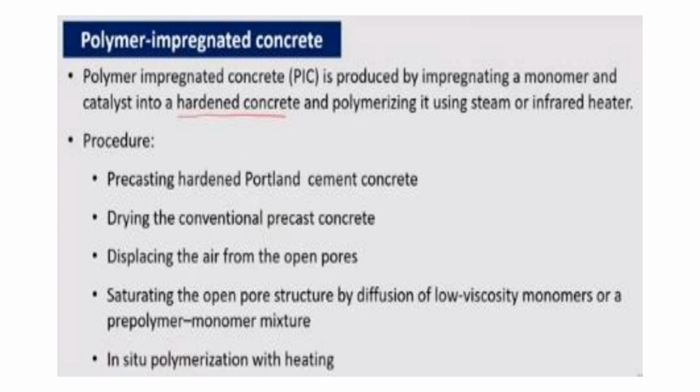Let us see what PIC is. It is basically produced by impregnating a monomer and a catalyst into a hardened concrete and polymerizing it using steam or infrared heater.